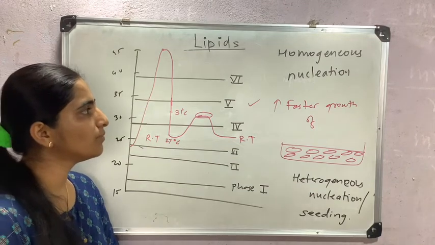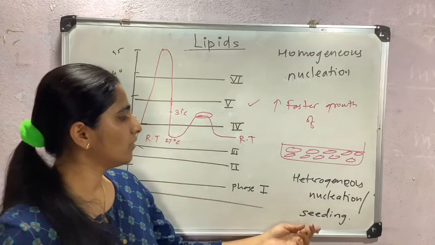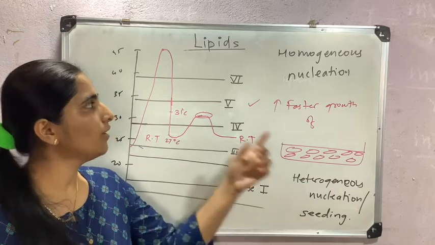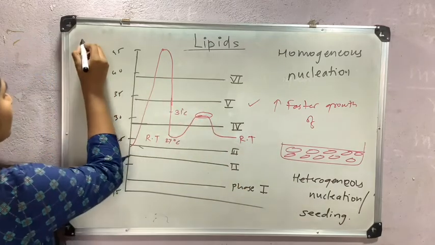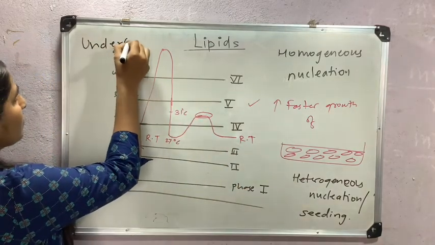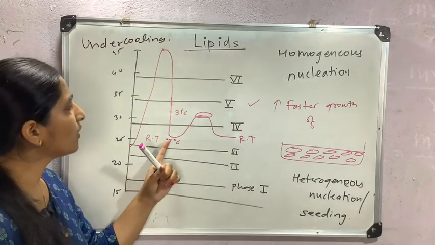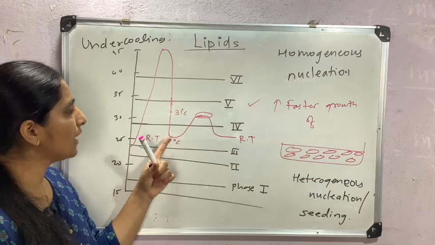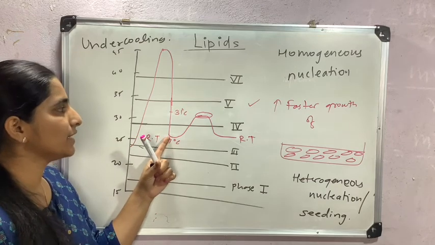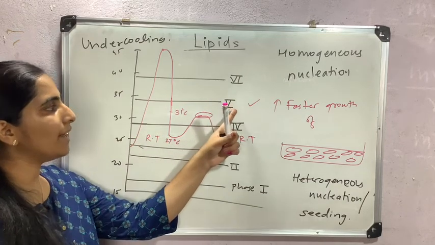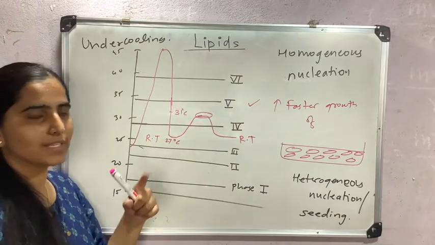Therefore, we can use either seeding or undercooling. Why undercooling? Because we are cooling this melted chocolate to 27 degrees Celsius, which is far below the melting point of phase 5 crystals.